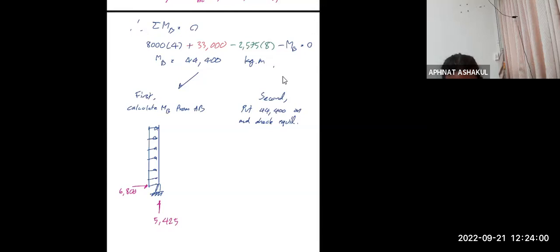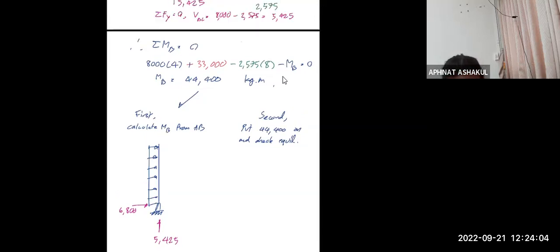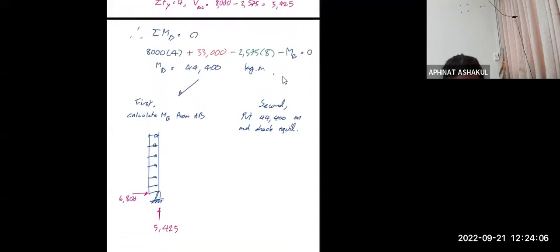Or maybe it's easier to calculate the moment here, maybe. So let's say sigma MB equal to 0. You can do that. Simple enough, right? And you should get the same number, hopefully.